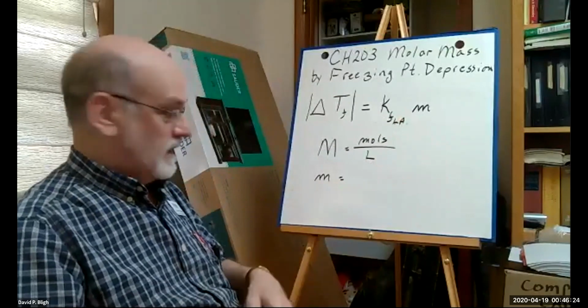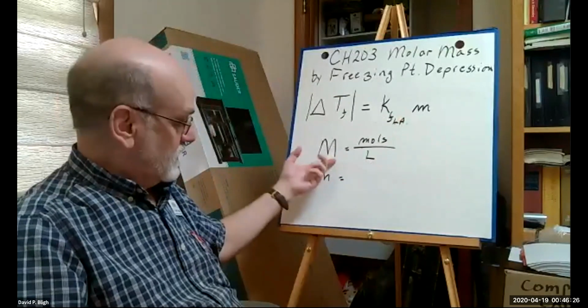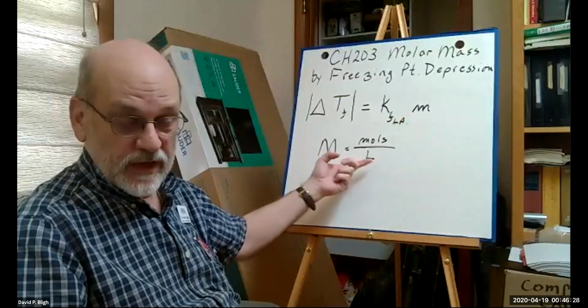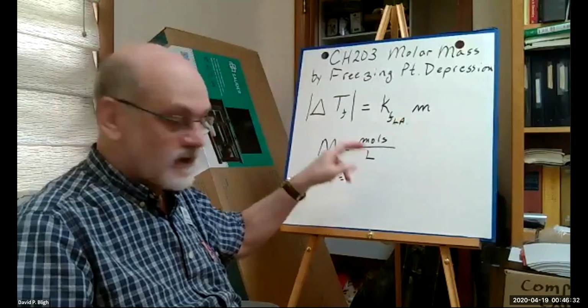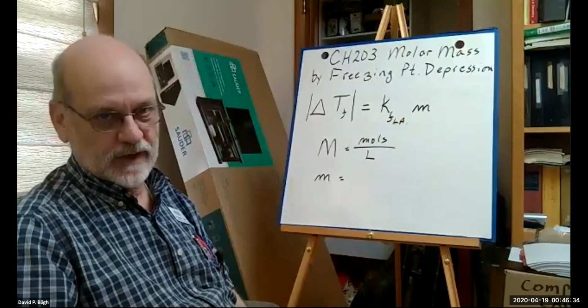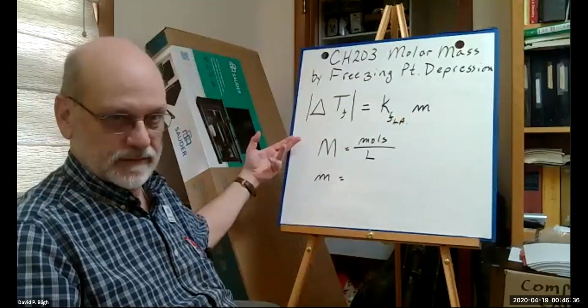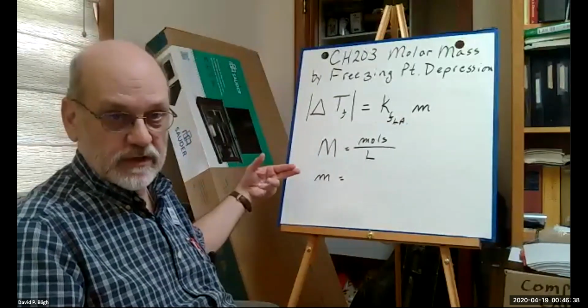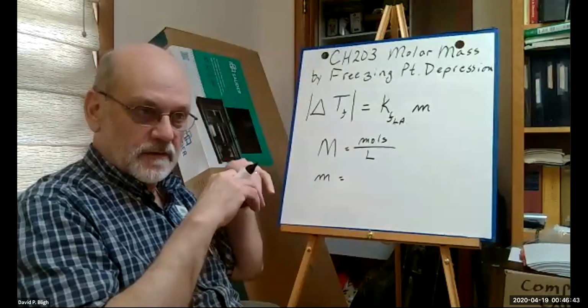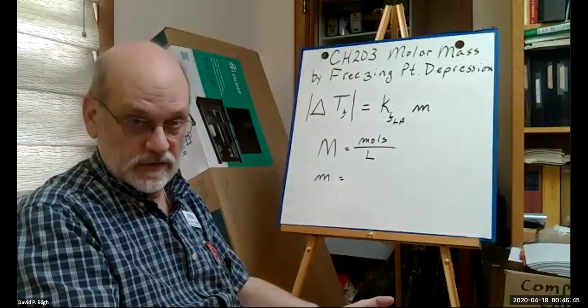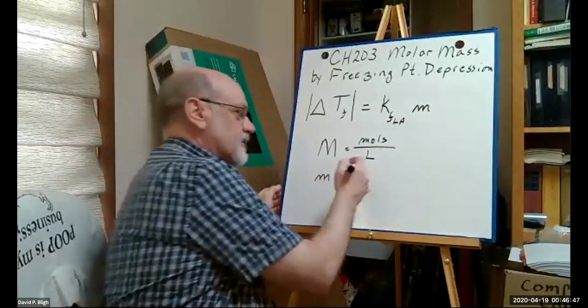Right? And if you've got volume as part of your expression and the temperature changes, the volume is going to change. Right? So we can't use molarity. We have to use another expression that is constant over temperature change.